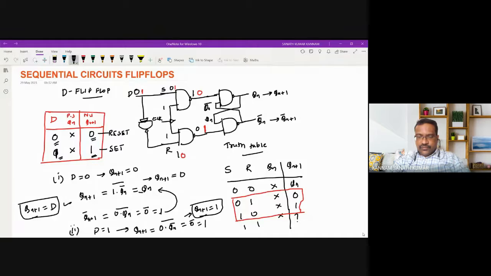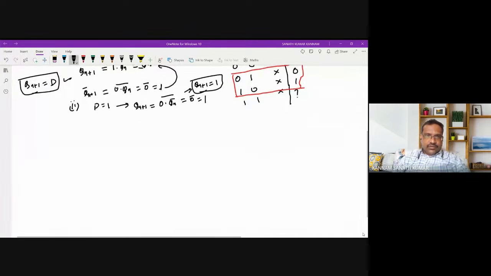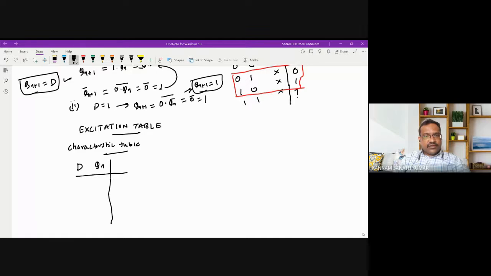Okay, so coming to the excitation table. If you want the excitation table, you need to draw the characteristic table. So first of all, I am drawing the characteristic table of D flip-flop. You have the D input, the present state, and you have the output, that means the next state.